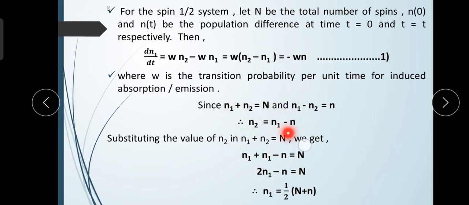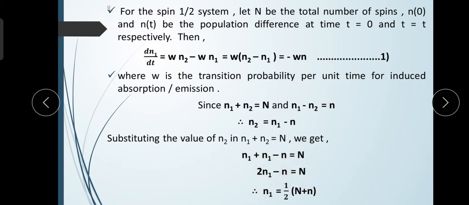Substituting the value of N2 in N1 plus N2 is equal to N, we get N1 plus N1 minus n is equal to N. Now adding the N1 terms, 2N1 minus n is equal to N.